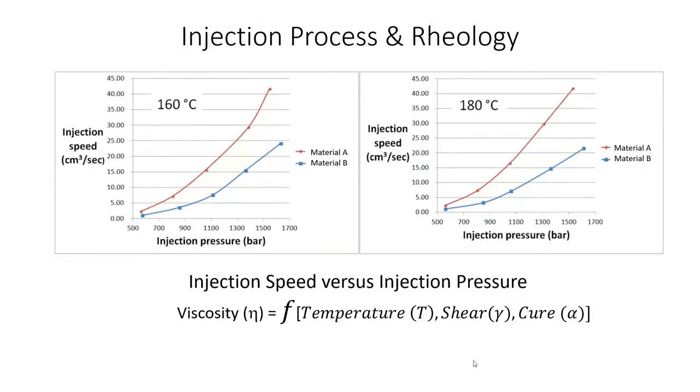The screw and barrel is going to be run at a different temperature than the mold. There's different shear rates in the screw and barrel, and the shear history of the material as it flows through the path is very important. And then, of course, rubber cures. And as it does, it cross-links, and the viscosity starts to go up.